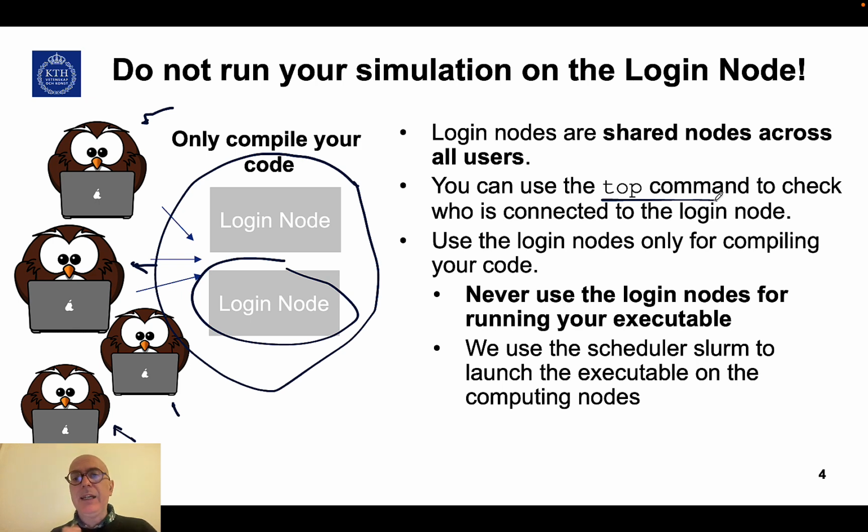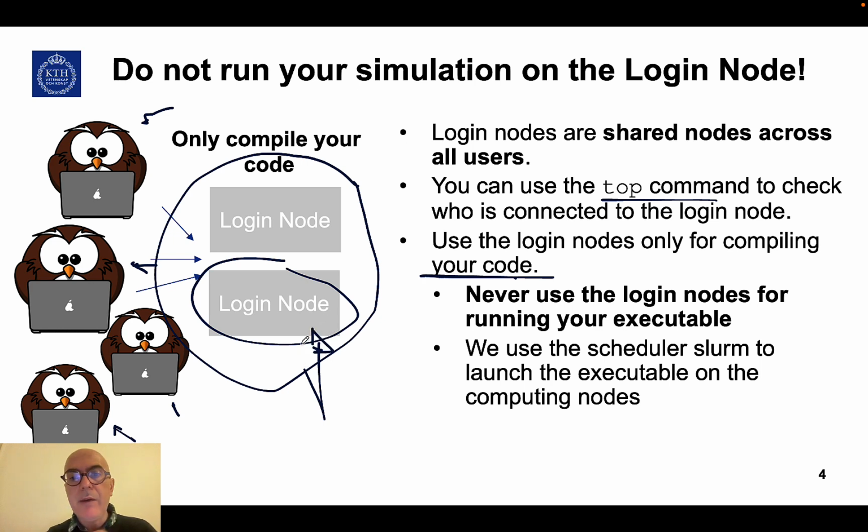It's important that we use the login nodes only for compiling our code. So never ever use the login nodes for running your executable. It will be very tempting: after you compile, you get an executable, and then just type the name of your executable. But in that case, you won't run on the supercomputer, but instead you will run on the login nodes.